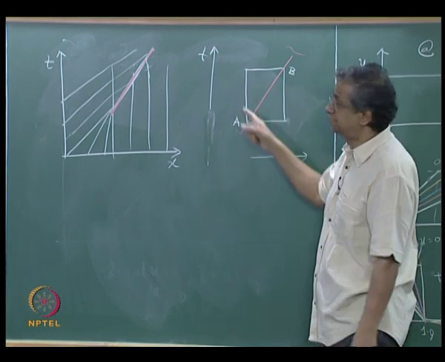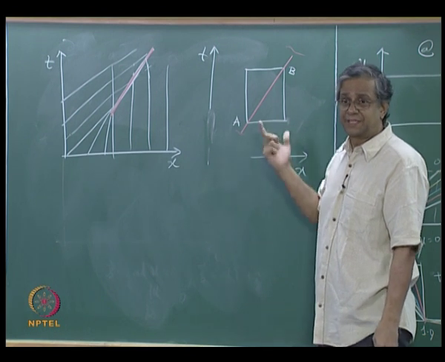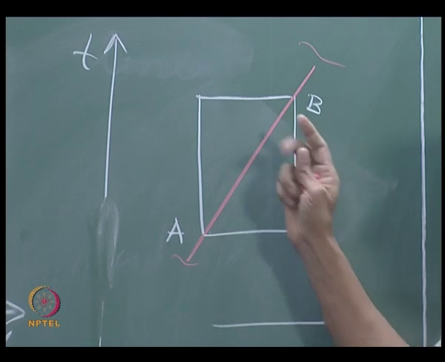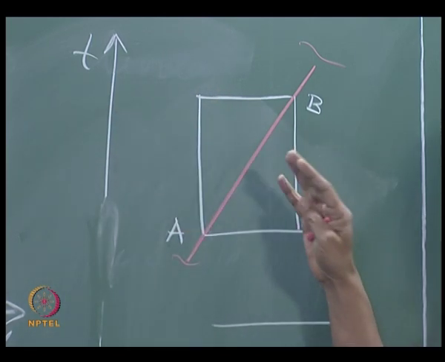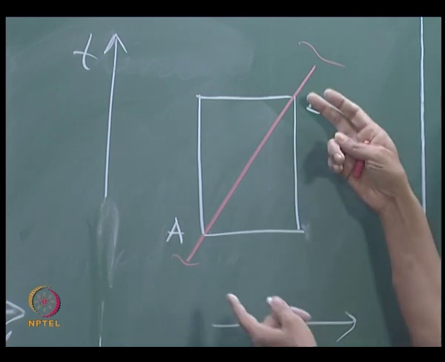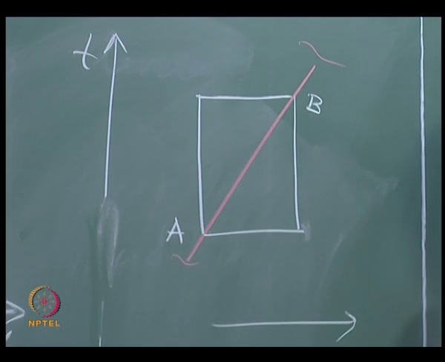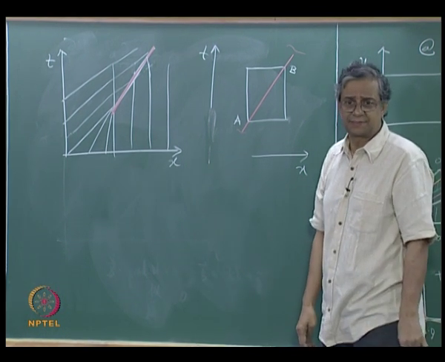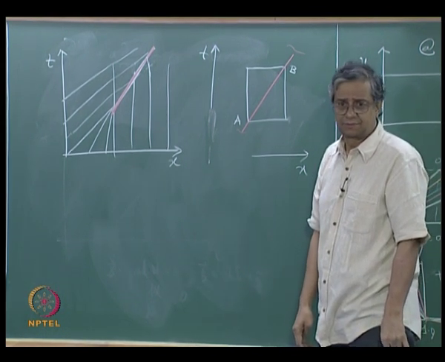I choose this rectangle, I will rewrite my equation in a fashion that I am able to relate the conditions on the left hand side of the shock to the right hand side of the shock, and I propose to take the limit as A and B approach each other, and from that I am hoping that I will be able to infer something about how fast the shock is propagating. Is that fine?